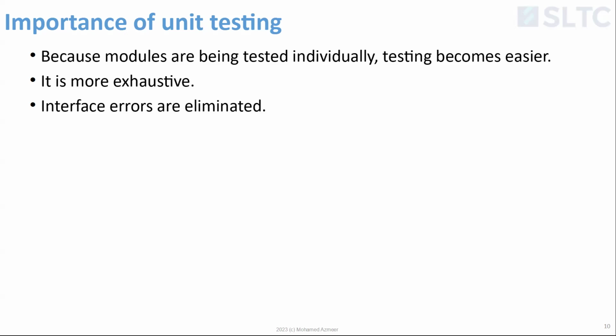And then you test it. So it's easy rather than testing something very big. And also it is more exhaustive. What does that mean? Exhaustive means it's complete. You're testing everything, right? And interface errors are eliminated. Now, what does that mean? The interfacing meaning connecting one piece into another piece. And those problems are not there when you're doing your unit testing, right?